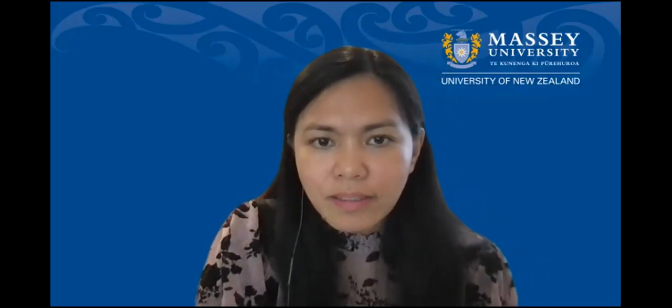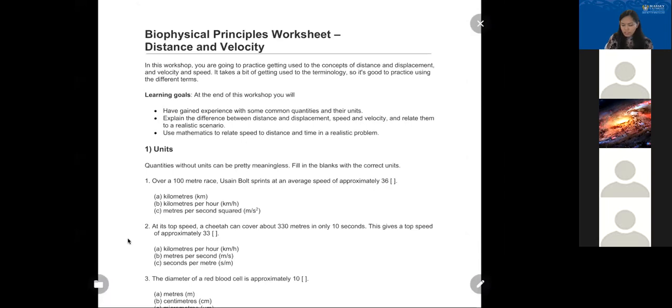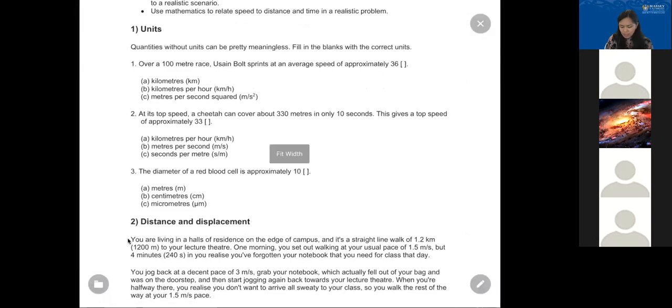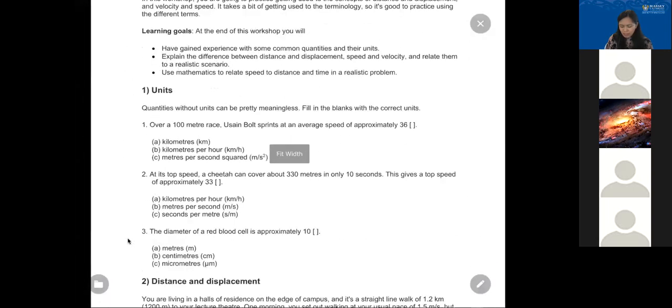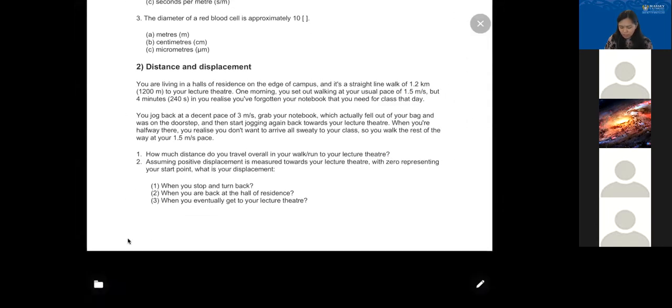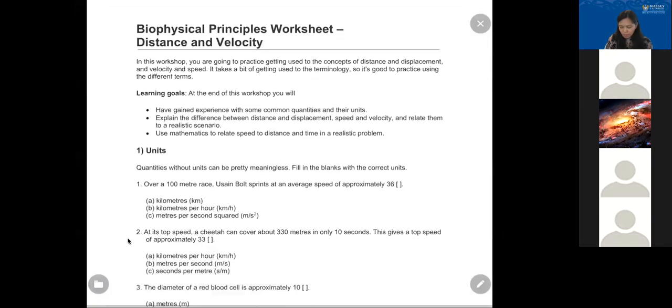Right, so the first workshop looks into units, distance and displacement, as well as some questions about timekeeping.